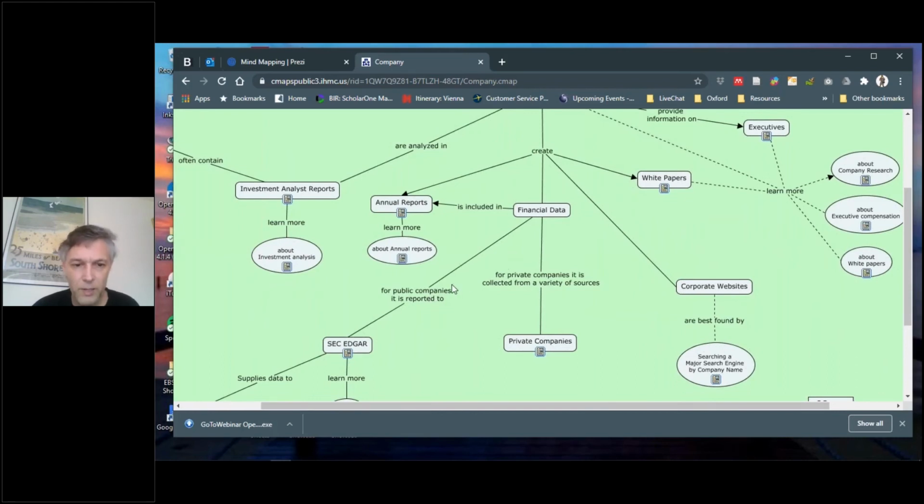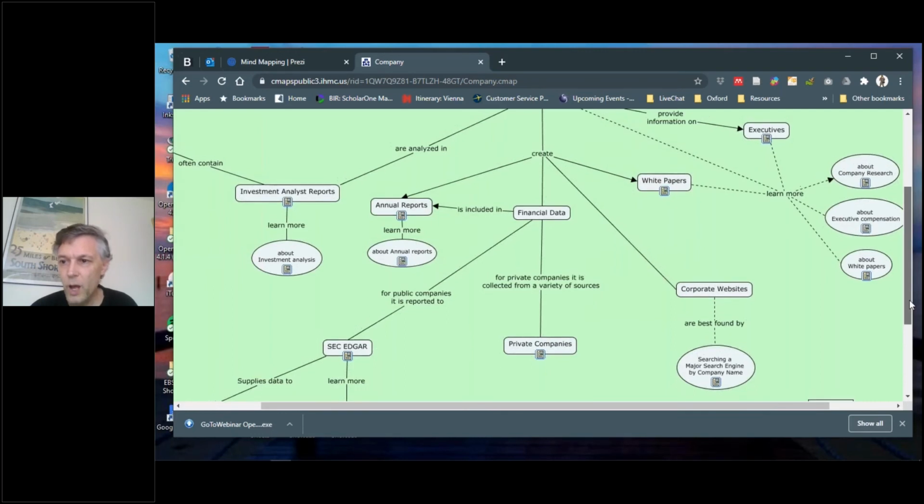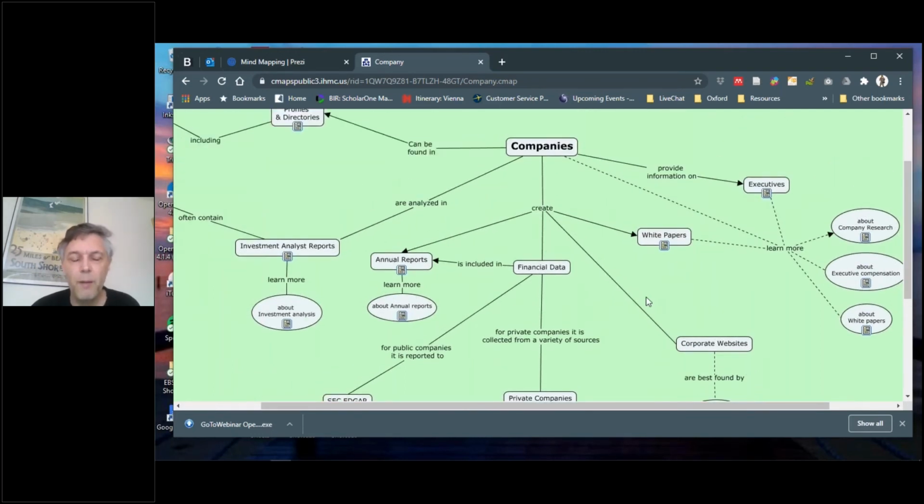And then for public companies, it ends up in a certain location. For private companies, you get it from another source. They create white papers as well. So from this map, a student can visualize this conceptual ecosystem of information connected to their search for companies.